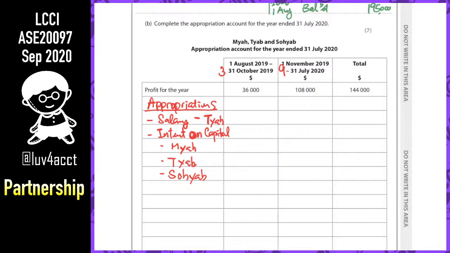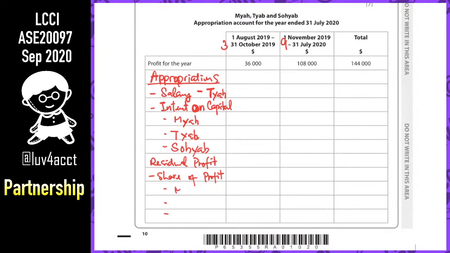So we will have the residual profit or profit available for distribution. And then we will have the share of profit, and hopefully it is not loss, of the 3 partners.